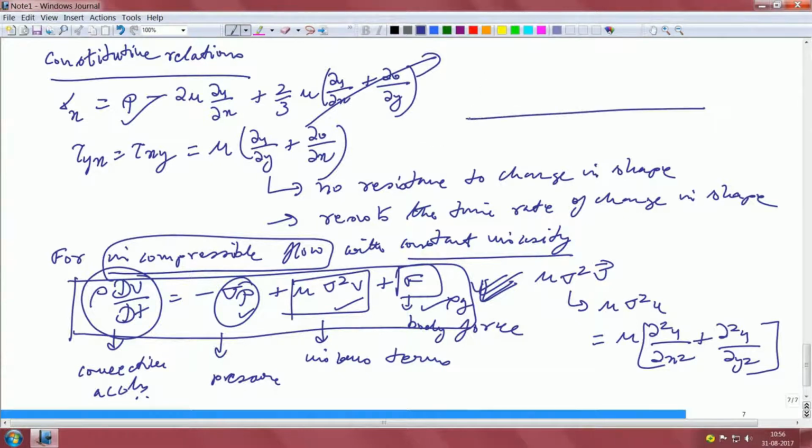Therefore, when you have a flow field over a flat plate, using this equation, technically you will be able to solve the velocity profile, and the velocity profile in this case will look something like this. We will come a little later to what the velocity profile should look like. But this equation should suffice. Should you be able to apply this, you should be able to get the flow field information naturally coming out of this. So, why I said this was important?